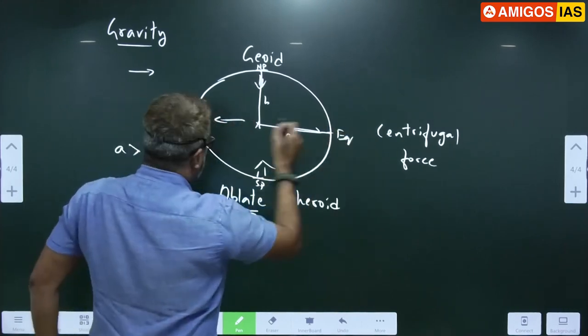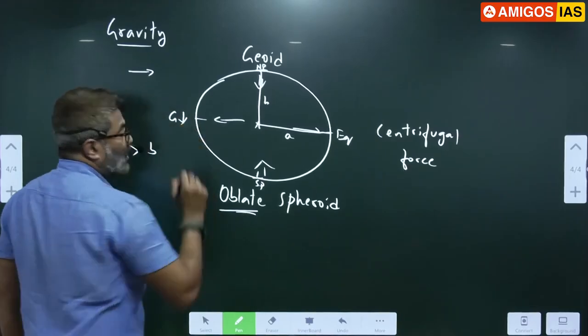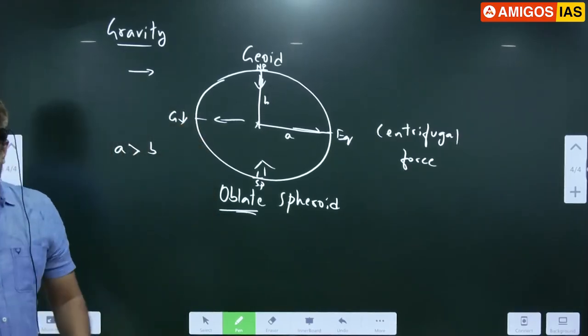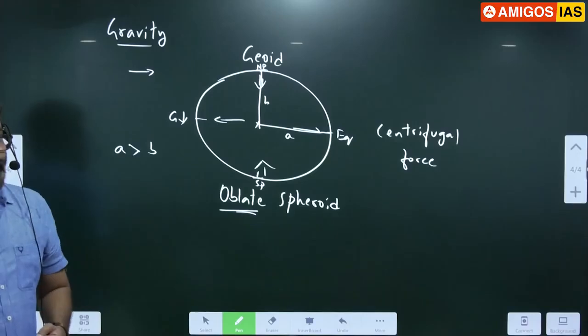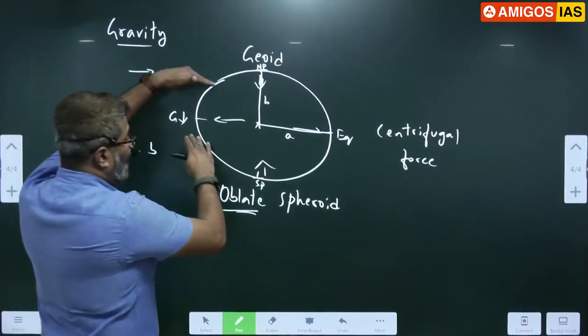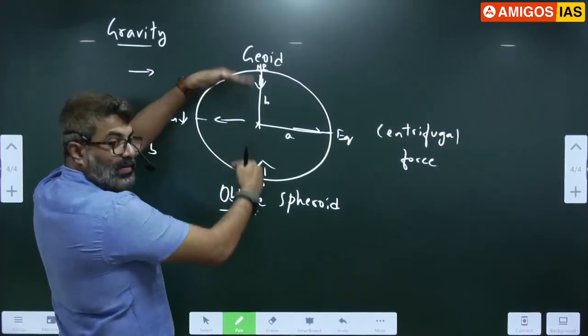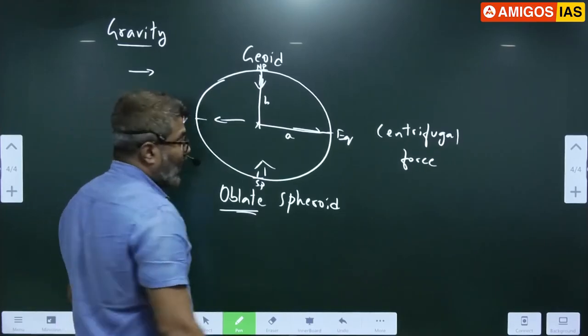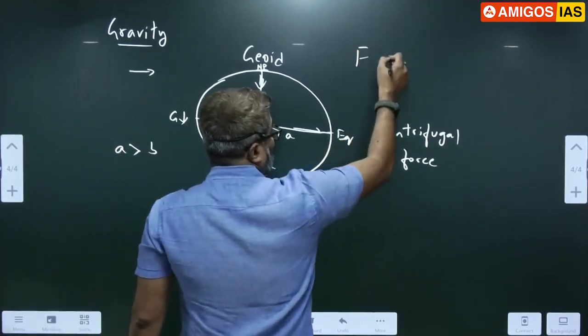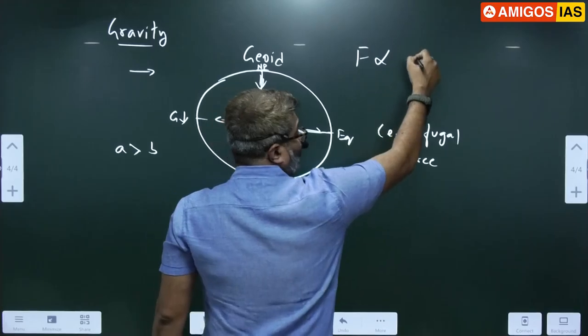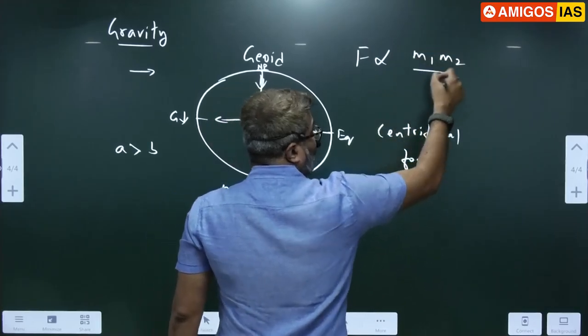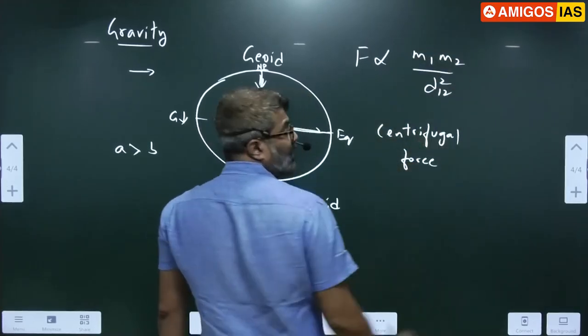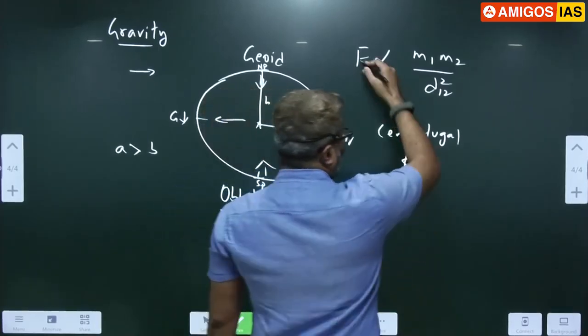That is the reason gravity is less where? Near the equator. Gravitational pull is less near equator. As we go towards polar region, since the distance is less, the gravity increases. Okay, so all of you know gravity is directly proportional to product of the masses, inversely proportional to the square of the distance. Okay, gravitational force.